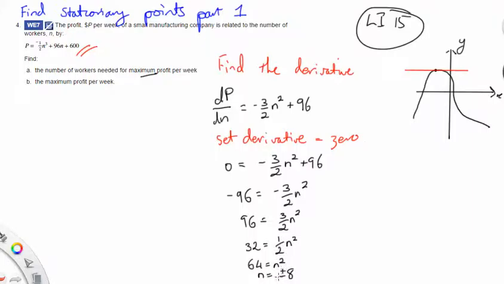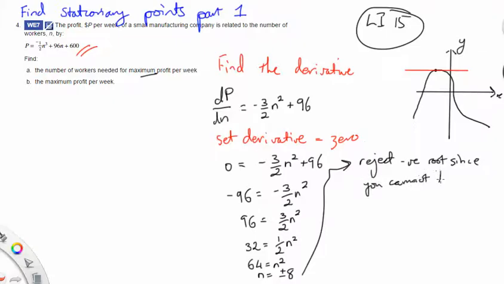Alright, plus minus 8, but we're talking about number of workers. Can we have minus 8 workers? No, not in this context, so we reject the negative root, since you cannot have a negative number of workers.